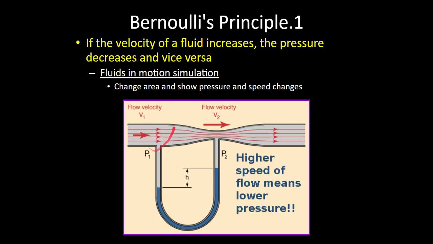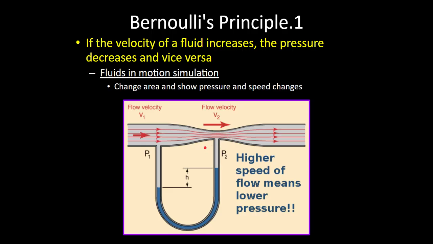Going back to the continuity equation, this is a big area versus a small area, and these pipes are connected. So the velocity is going to be faster in area 2 than it is in 1. Because the velocity is faster, higher speed means lower pressure. The molecules are actually moving faster in this narrow section of pipe.